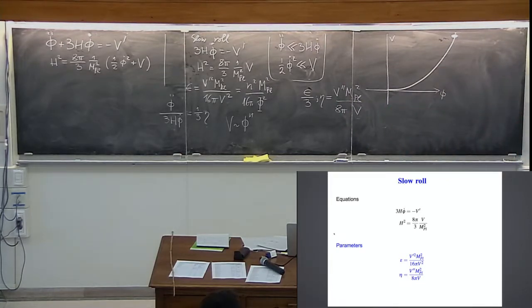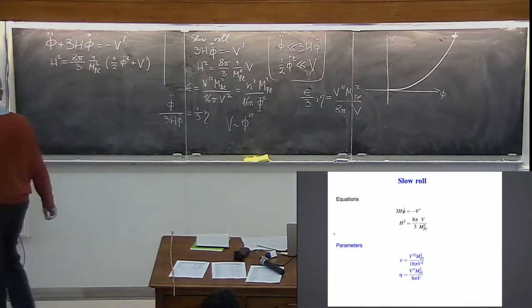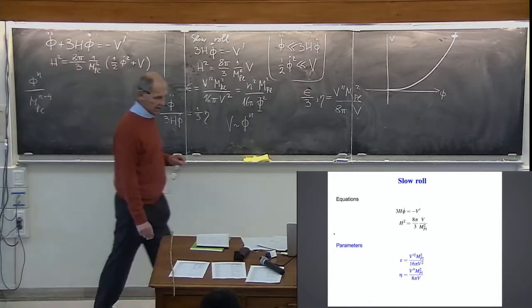It's another story that you may suspect there are terms in the potential of order phi to the n over m Planck to the n minus 4 with arbitrarily high n, but you have to assume that for some reason these are absent.